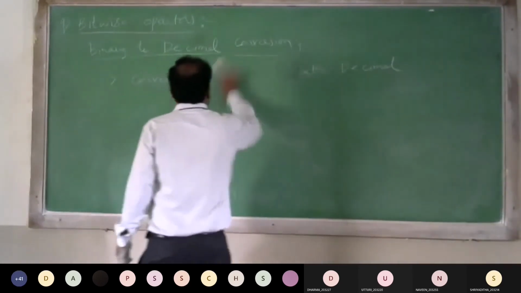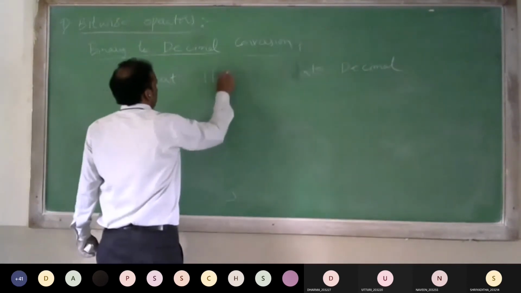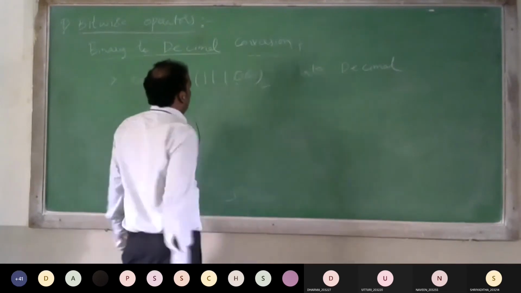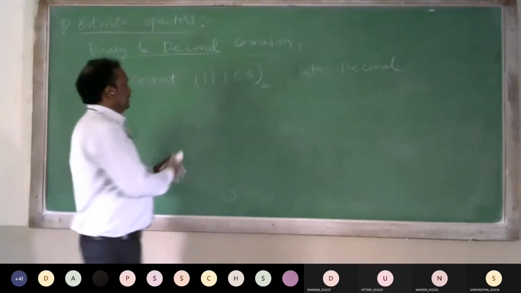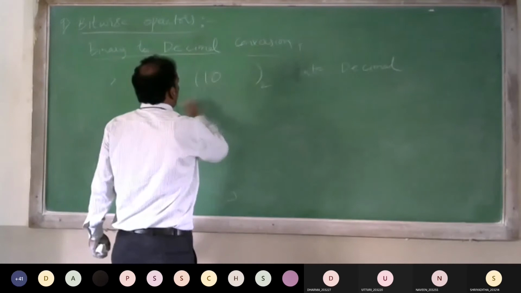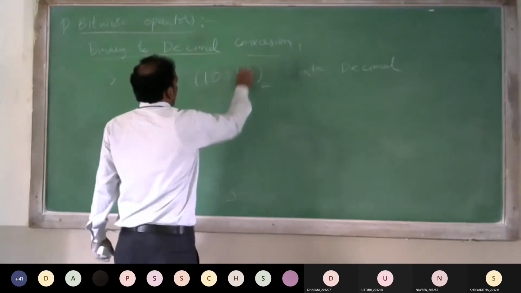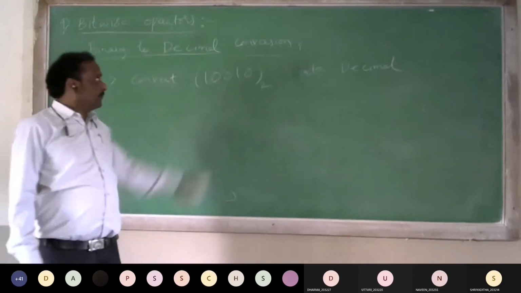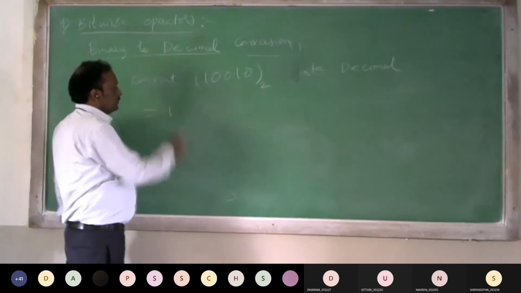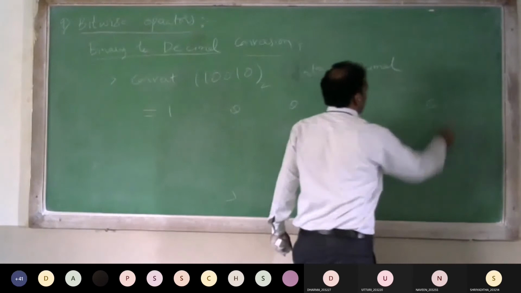Convert 10010, binary into decimal. First you have to write these digits 1 0 0 1 0.